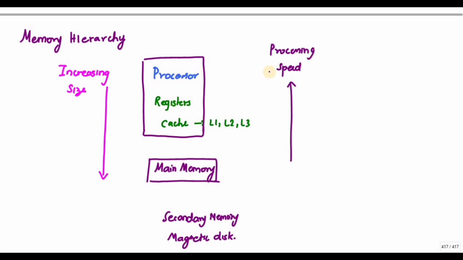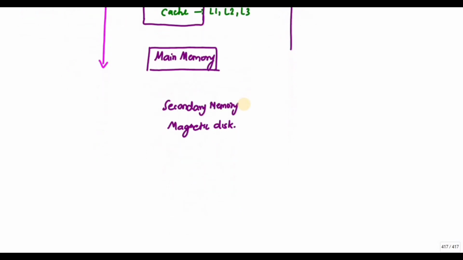So which memory is helpful for that? If I want to go for higher speed, I have to use SRAM. SRAM means static random access memory.